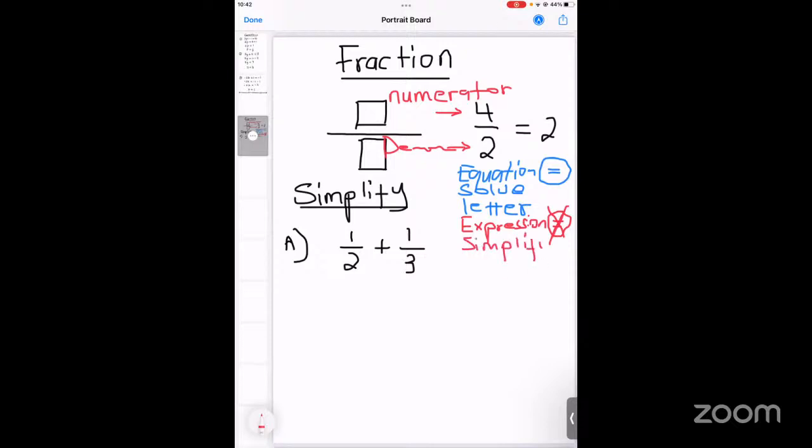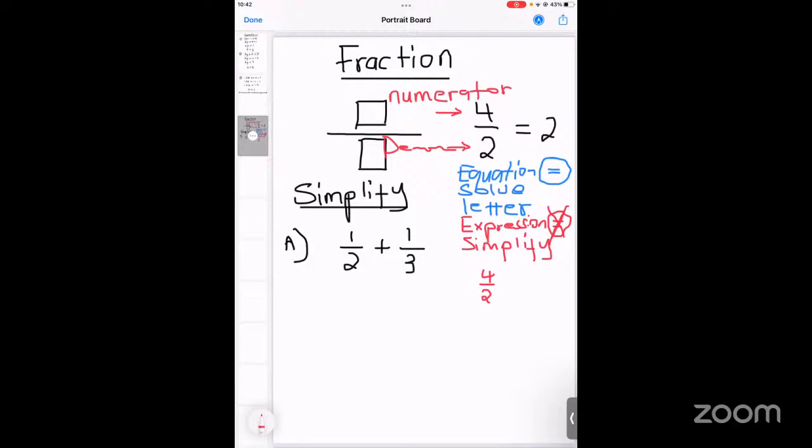Simplify simply means you rewrite something which is complicated into its simplest form. For example, when we said 4/2, this is a maths problem and it's a fraction, and because it doesn't have an equal sign, it is an expression.